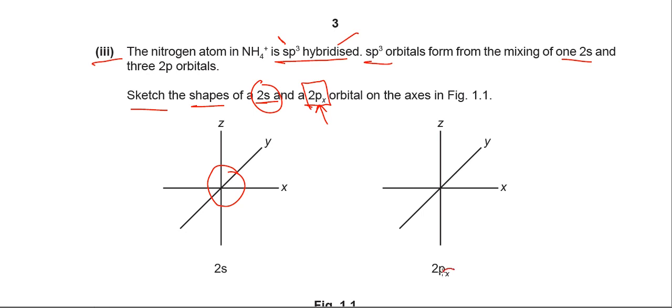But it is clearly mentioned that we have to show it on the x-axis. The shape of the p orbital is like a dumbbell, either in this way or in this way. These are just orientations; the shape remains the same. As it is advised that we show the x-axis, we are going to show only the lobes, the dumbbell shape, on the x-axis.